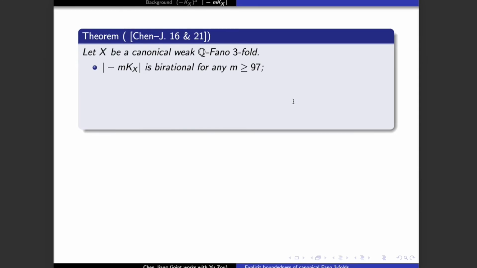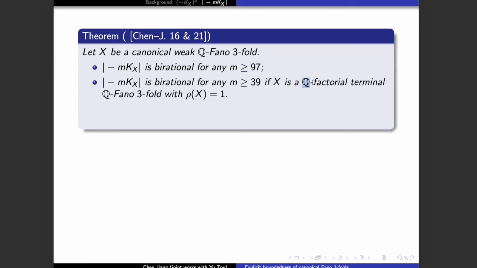Okay, so then this comes to my result with Meng Chen. We started work on this problem when I was a fresh PhD, and we can show that if X is a canonical weak Q-Fano threefold, then minus mK is birational for any m bigger than 97. And we assume that if X is Q-factorial terminal with Picard number 1, so we met this condition many times, right?